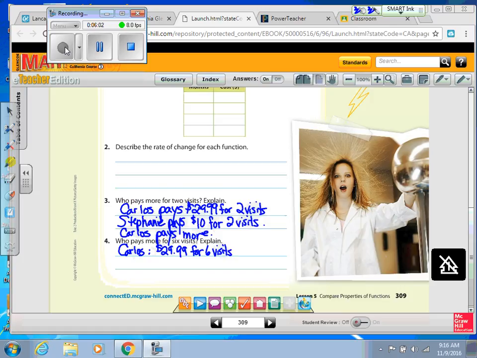And Stephanie pays $30 for 6 visits because it's $5 a visit. So therefore, Stephanie pays more. And for 6 visits and above, Stephanie will pay more.